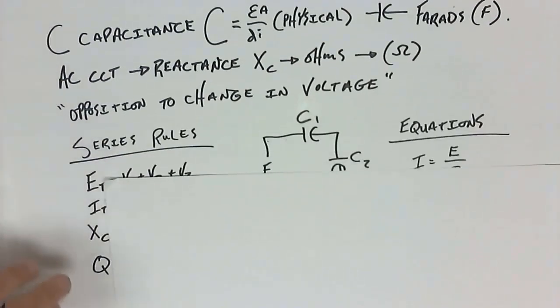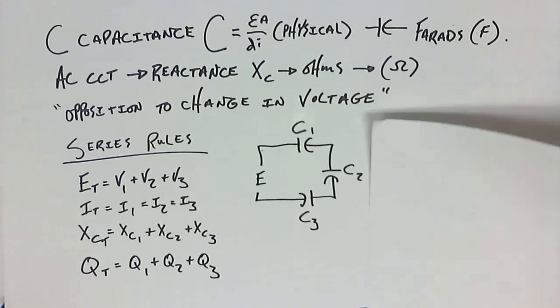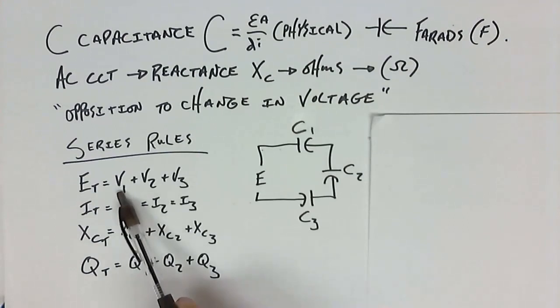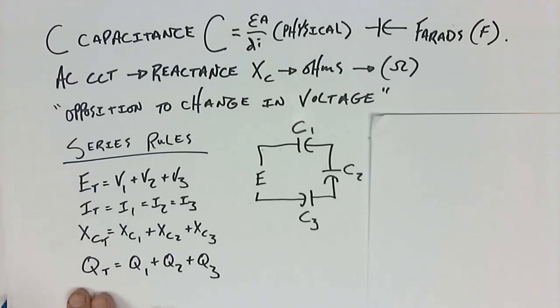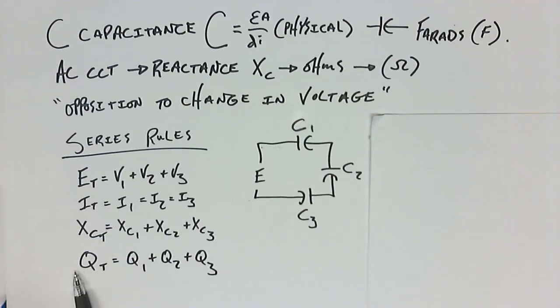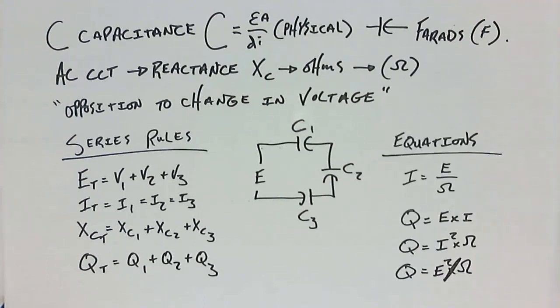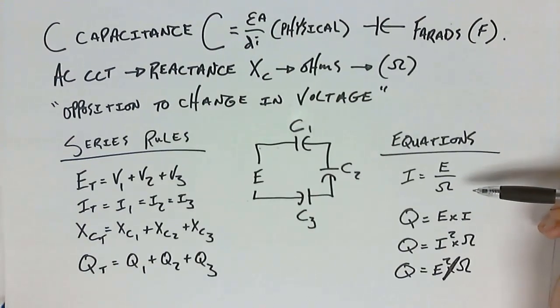If we take a look at the individual circuit rules for this, series circuits, voltage 1, 2, 3, they add together. I1, 2, 3, good. What about this one? With XC1, C2, C3, that's ohms of capacitive reactance. And then Q, this would be capacitive reactive VARs, Q1, 2, 3. The calculations we have for such a circuit are the same yet again as what we have seen in the previous two examples.